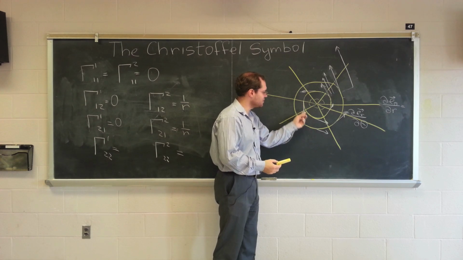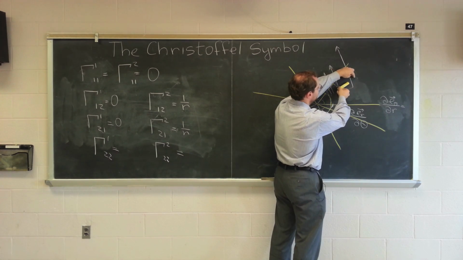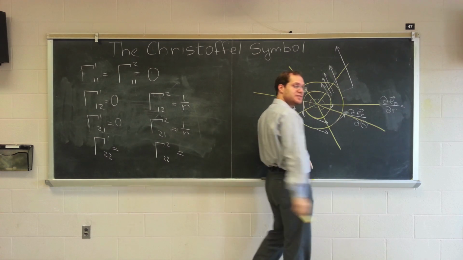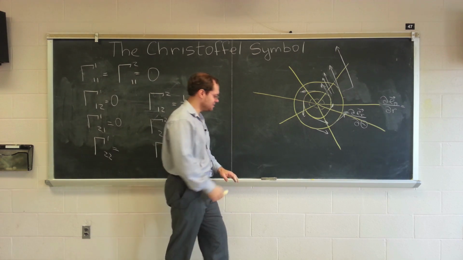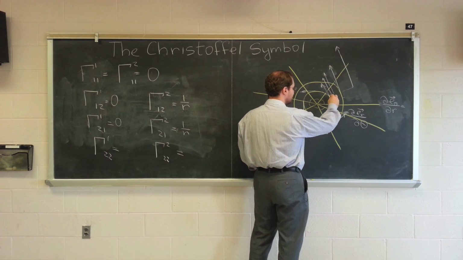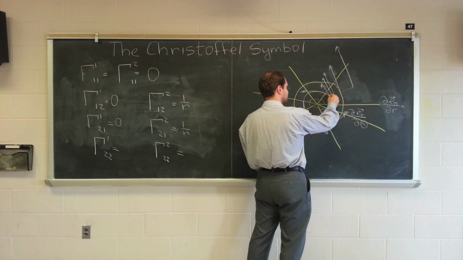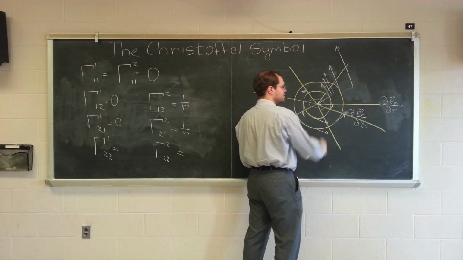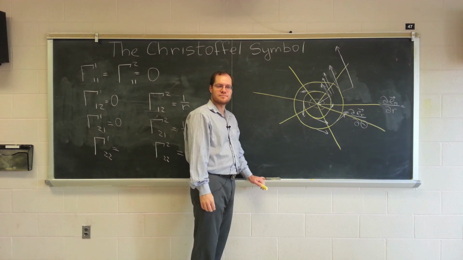So around here it'll be something of length 1 rotating, but here it will be something of length 2 rotating with unit angular velocity. So you know what happens in these situations. It becomes a vector that's orthogonal to the vector itself. It's just that this way, now it'll point this way. And its length will be r.